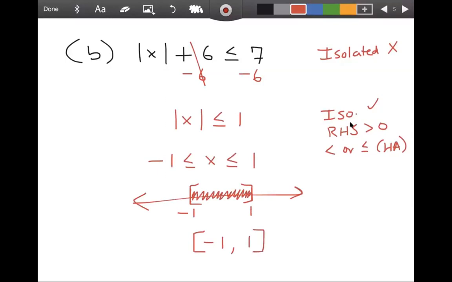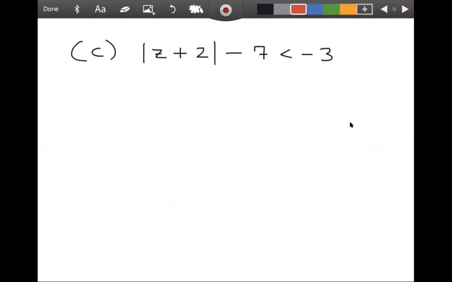All right, and the last example, absolute value of z plus 2, subtract 7, is less than -3. If you happen to notice the -3 on the right side and that makes you feel uncomfortable, don't worry about it just yet because this absolute value is not isolated.